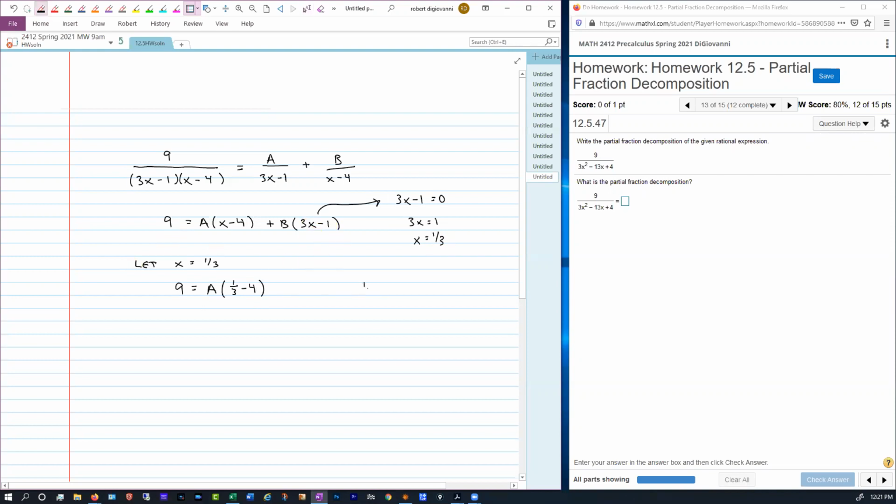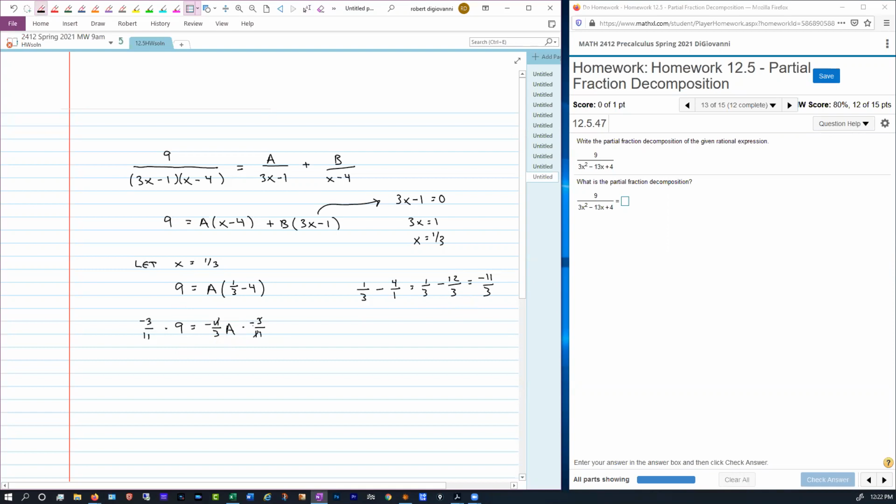So we do need to figure out what 1/3 minus 4 is, so I'm going to write 4 over 1, get a common denominator. So multiply top and bottom by 3. So this is -11/3. So this becomes 9 equals -11/3 a. And then I'll multiply both sides by -3 over 11 to clear it out.